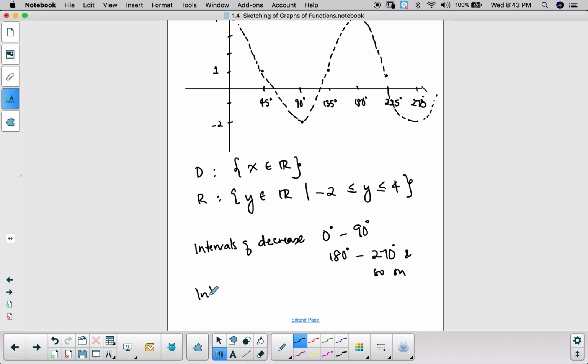And for the intervals of increase, this actually continues, it doesn't stop here, there are more intervals, and the intervals of increase would be 90 to 180, and so on.